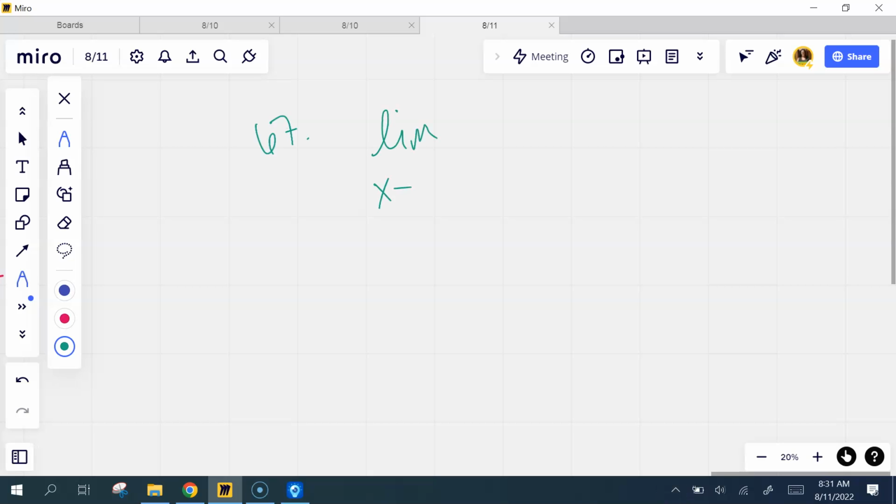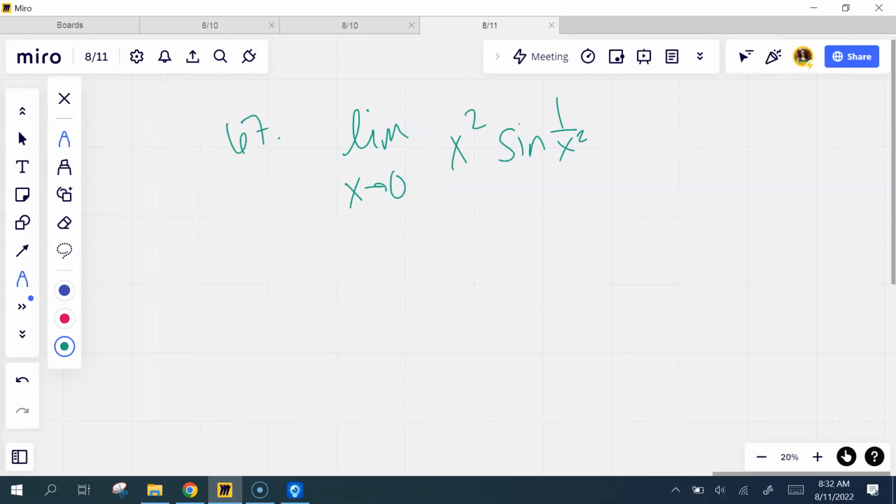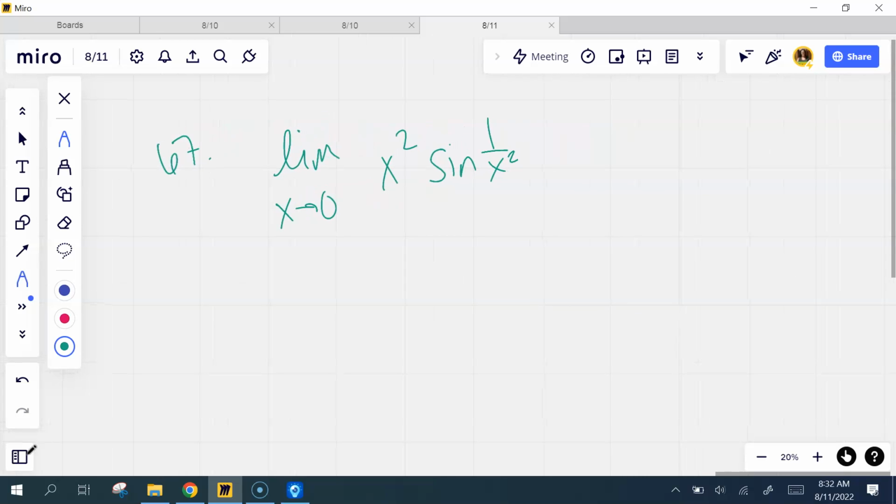The limit as x approaches 0 of, oh, this is a good one. As funky as that is, I still know that every sine still falls between -1 and 1, right? Agree?